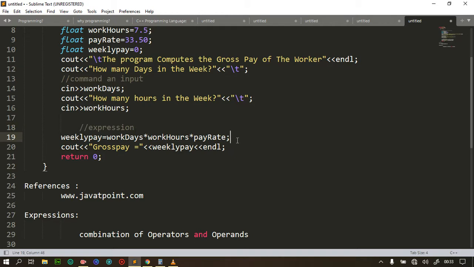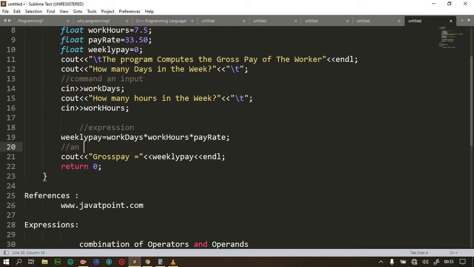An evaluation yields a final value. So our final value in the program is weekly pay.